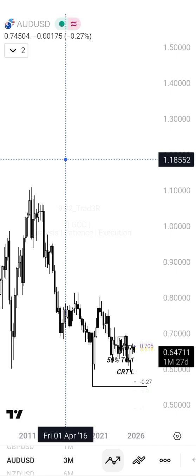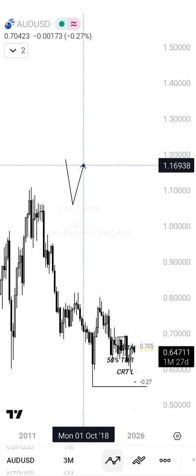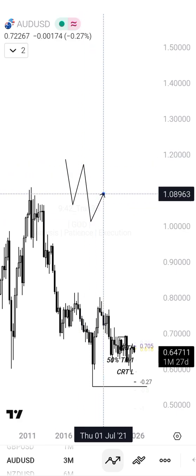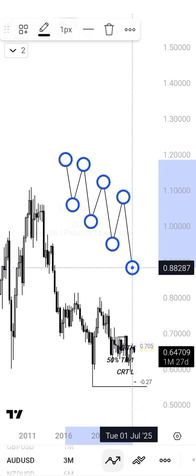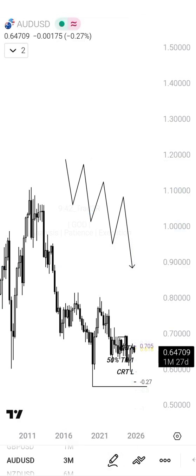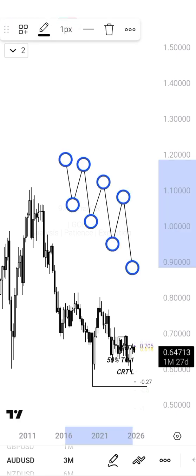To identify a bearish trend on the higher time frame, you can use your basic lower lows and lower highs. Why? Because these lower lows and lower highs on the higher time frame are extremely solid compared to the lower highs and lower lows on your hourly chart, your 4 hour chart, or your daily chart. That is why.